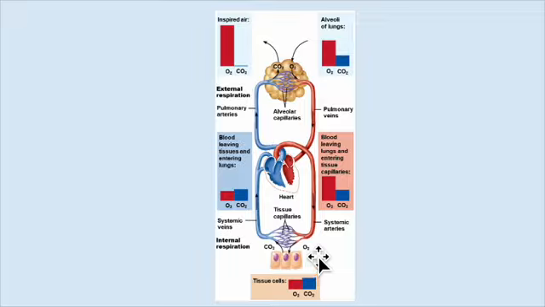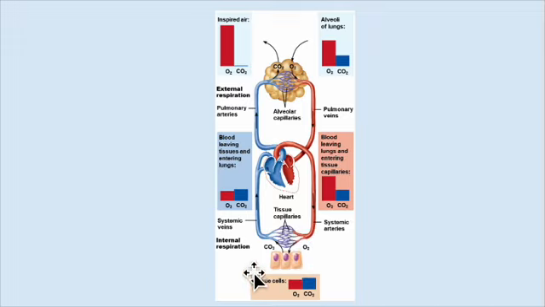Gas exchange that occurs between tissue capillaries and the cells that make up those tissues is a process called internal respiration. In internal respiration, oxygen moves from the bloodstream, because now this blood is oxygenated as it went out to the lungs, picked up oxygen, and is pumped through the body. That oxygenated blood travels to the tissue capillaries, and the oxygen moves into our tissue cells.